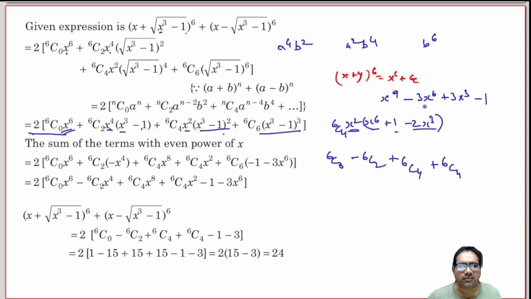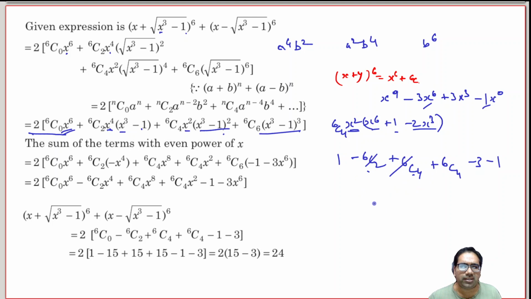In this expansion, this minus 3 and this minus 1 are even powers of x. Minus 1 means x^0. So we are getting minus 3 and minus 1. 6C0 is nothing but 1, and 6C2 and 6C4 are equal, so these two will get cancelled.